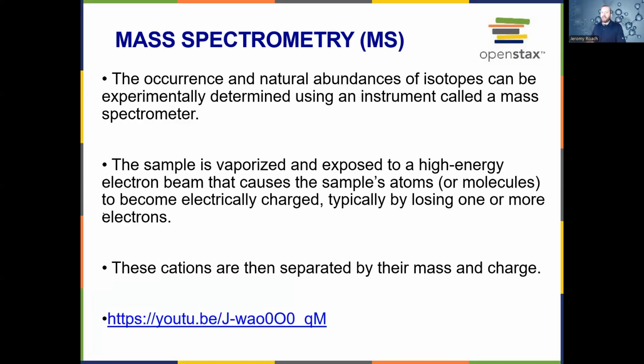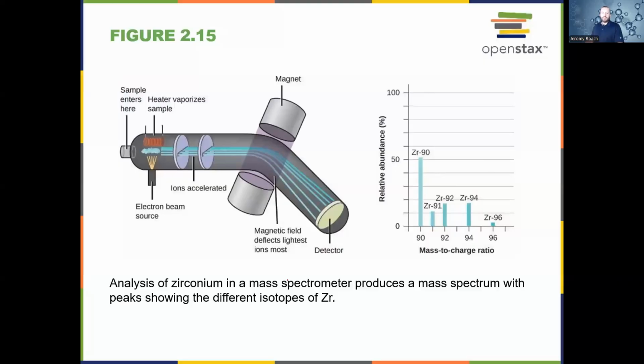Then the cations are separated by their mass and their charge. And this is just a mass spectrometer diagram. It shows the mass to charge ratio depending on the relative abundance of each, the percentage of the atom.